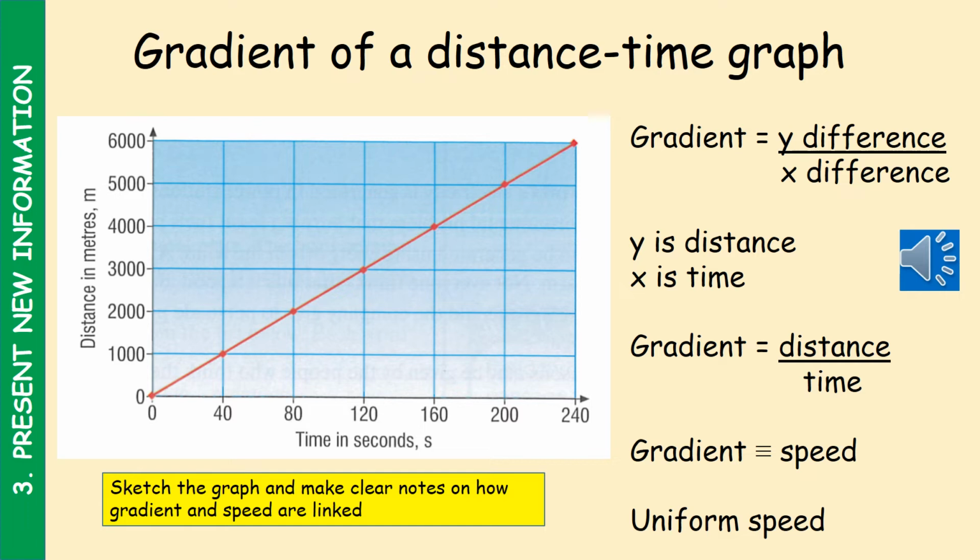So in that case, the gradient would be equivalent to the velocity, and in this situation here we would have a uniform velocity. We just have to make sure that we gave the direction of that displacement when we're expressing the displacement or the velocity.